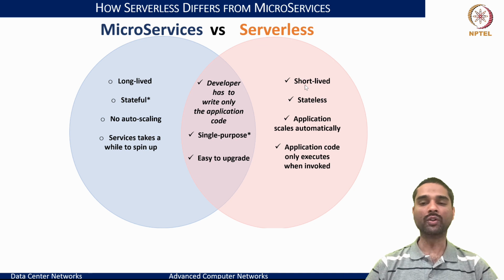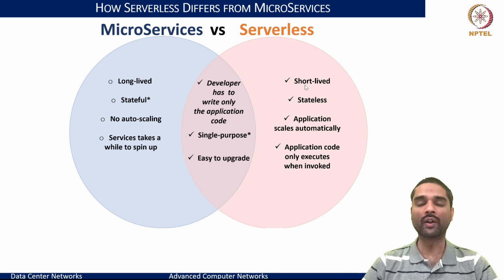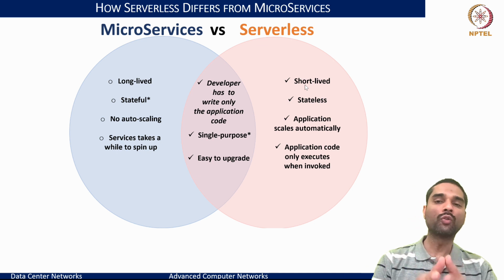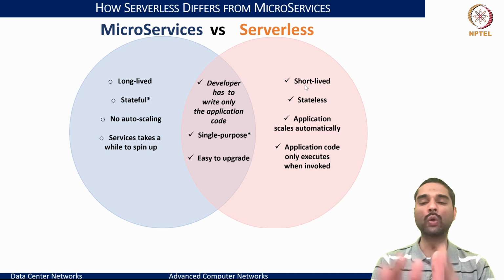And the application code would only execute when it is invoked. And this ties up with making them very short-lived. Once they are done with the execution, they go away. All of these are the key principles of how serverless builds on the microservices framework to add these potential benefits.